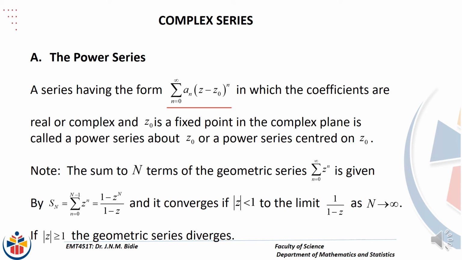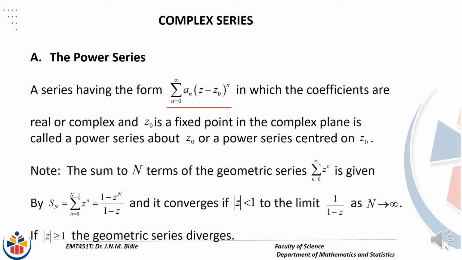The coefficients a_n are either real or complex, and z naught is sometimes called the center, or it's just a fixed point in the complex plane.